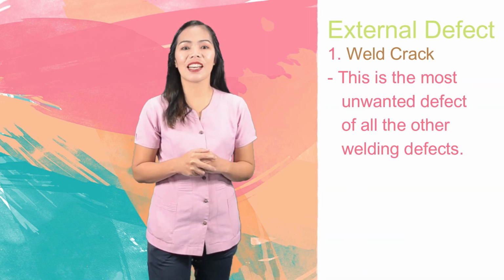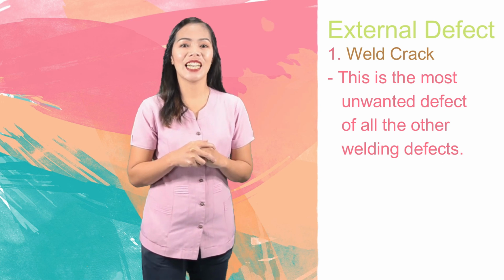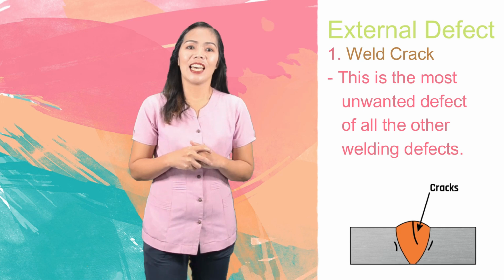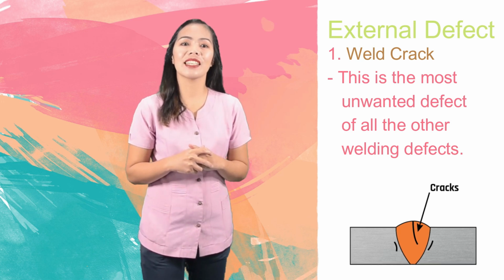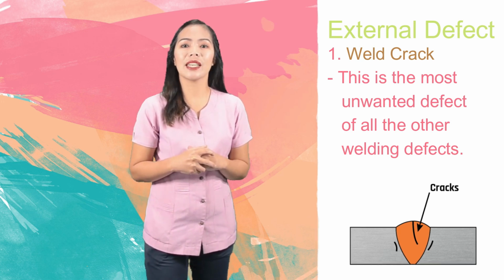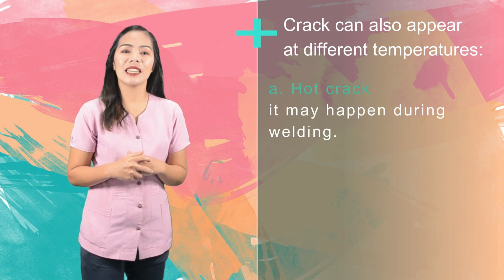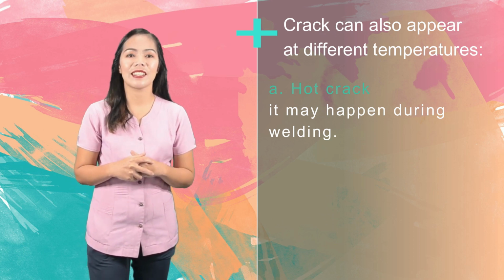Let's proceed. Under the external defect, we have here weld crack. This is the most unwanted defect of all the other welding defects. Crack can also appear at different temperatures.